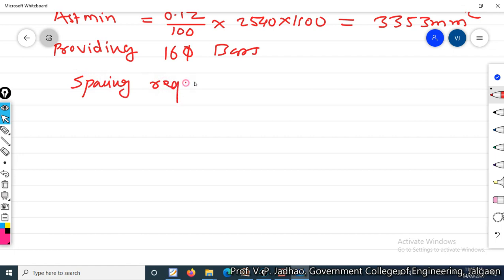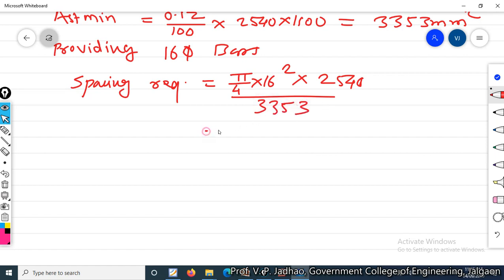Spacing required will be equal to the area of one 16 phi bar, that is pi by 4 into 16 square, multiplied by the width in which this reinforcement is to be distributed, that is the bandwidth 2540, or 2.54 meter, divided by AST minimum, that is 3353. So spacing required is equal to 152 mm. Let us provide a spacing of 150.